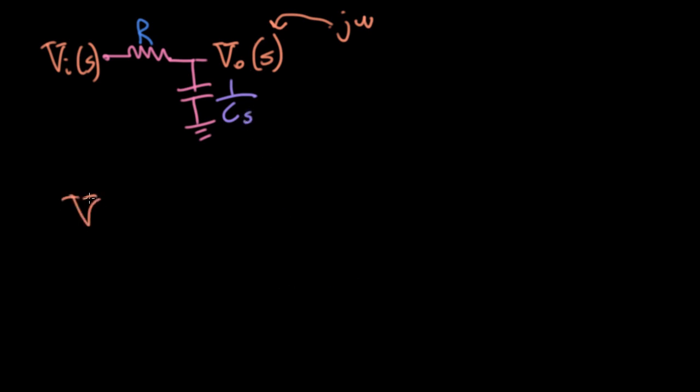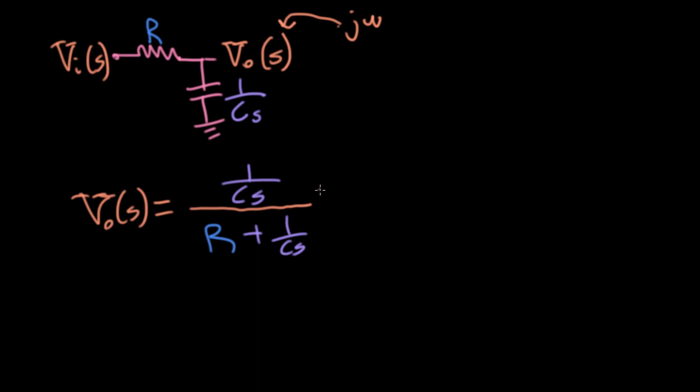So I can write the output in the Laplace domain using a voltage divider. What am I dividing over? Well, I'm dividing the voltage over the capacitance, and then in the denominator I have the sum of the impedances. So I'll have R plus 1 over CS times the input in the Laplace domain.